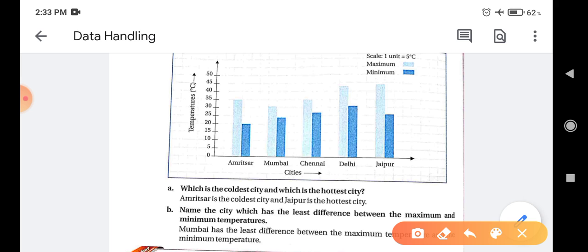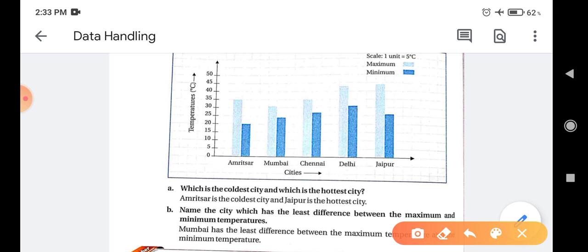So the coldest city will have the minimum temperature. The minimum temperature is in Amritsar, that is 20, so Amritsar is the coldest city. For the hottest city we have to see the maximum temperature. Maximum temperature is in Jaipur, so Jaipur is the hottest city.